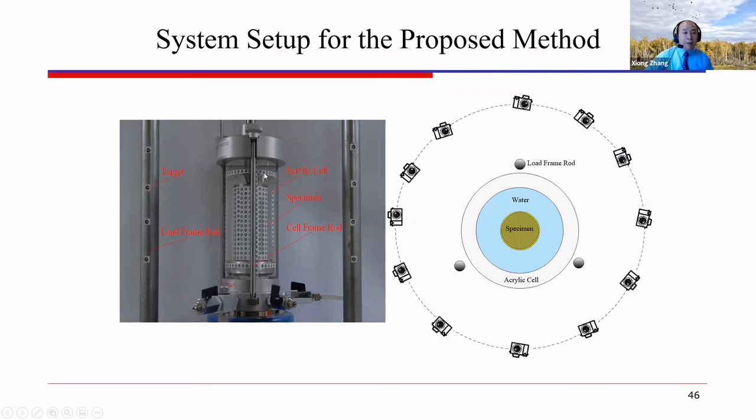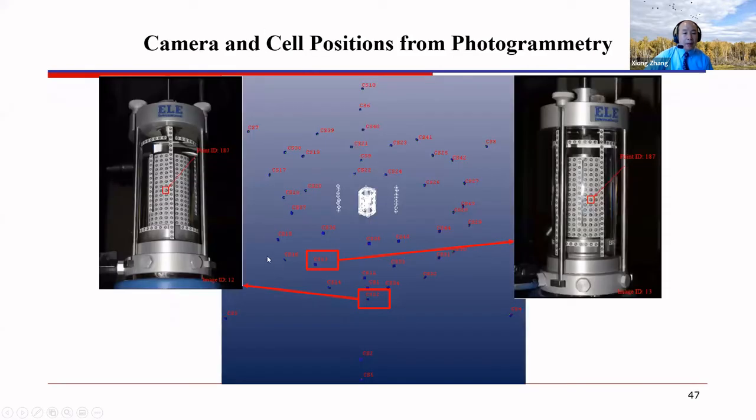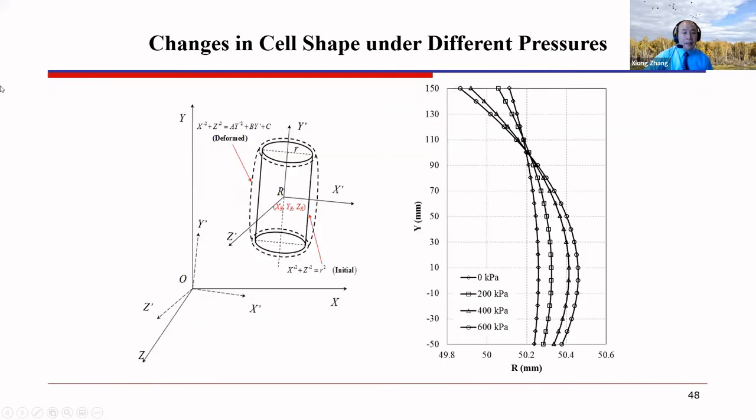When we apply the confining pressure, the cell can deform, and we can do the 3D analysis. For example, these are two pictures we took from the test. This slide shows the deformation of the acrylic cell under different confining pressures.